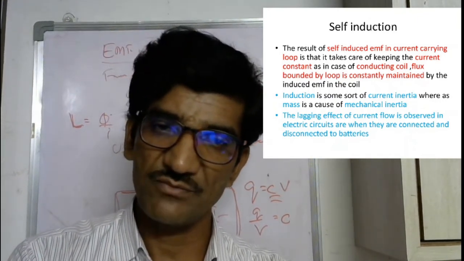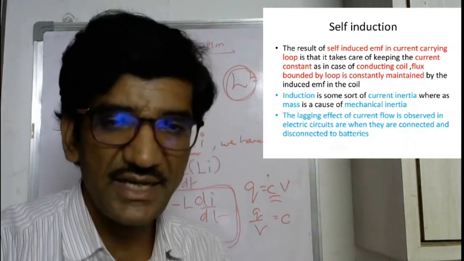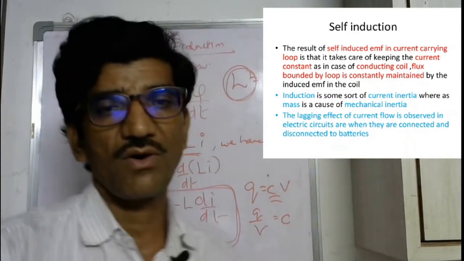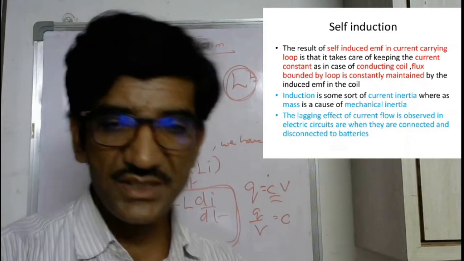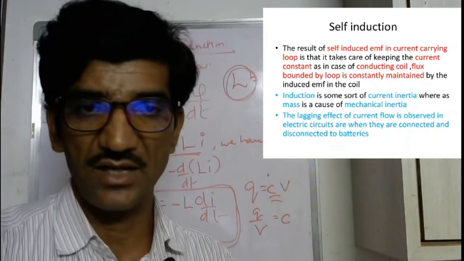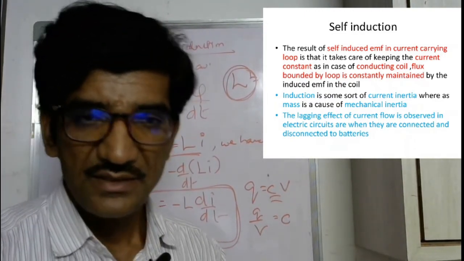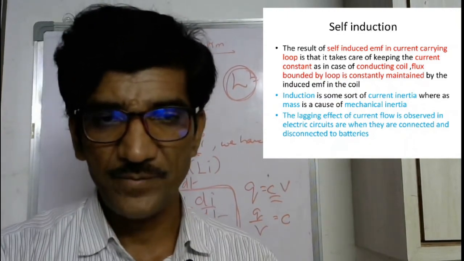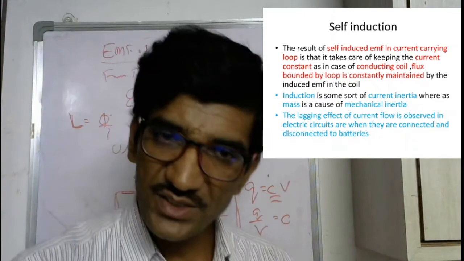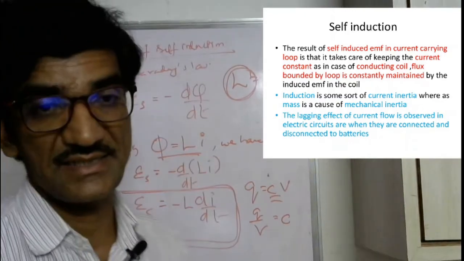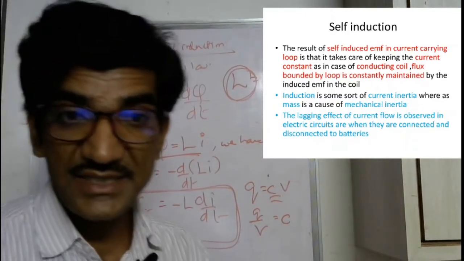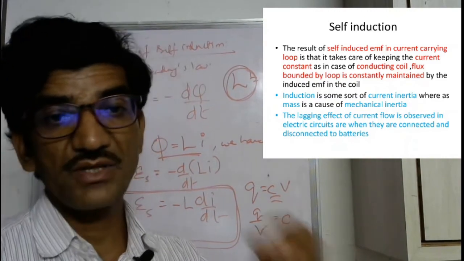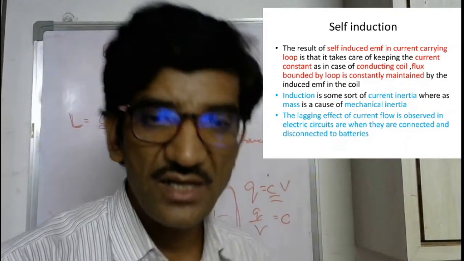If you have small m for an object, then mechanical inertia is small. If you have large m for an object, then you have large inertia. In the same way, inertia is expressed in electricity by the physical quantity known as inductance. In mechanics, which quantity gives you the mechanical inertia? M.